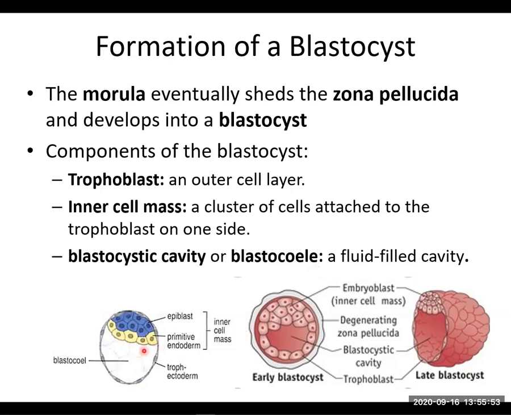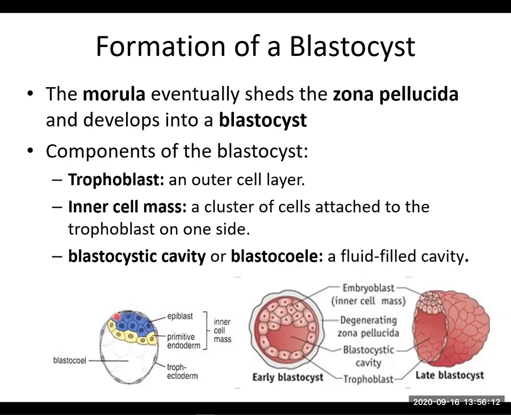So that's that. From here, the inner cell mass will develop into our body. We will learn something about that, so that's very important.